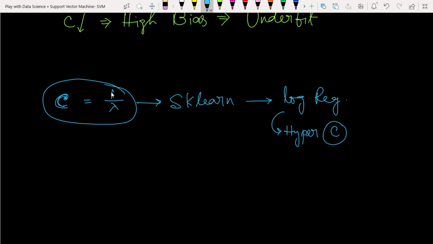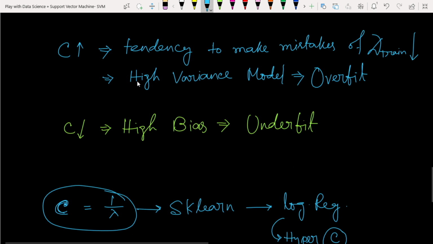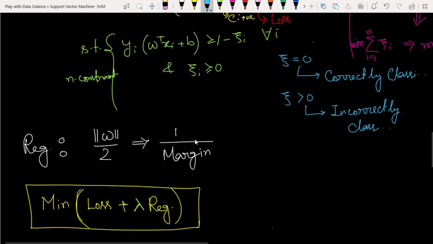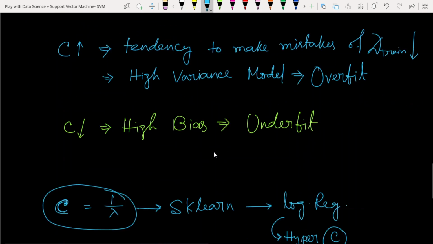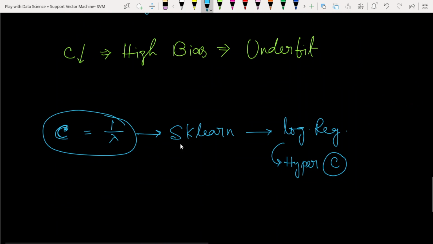Because of this concept, in logistic regression we have taken the hyperparameter C.